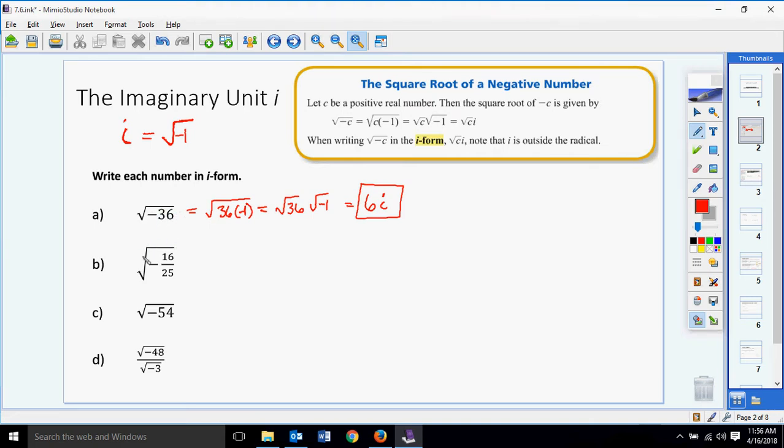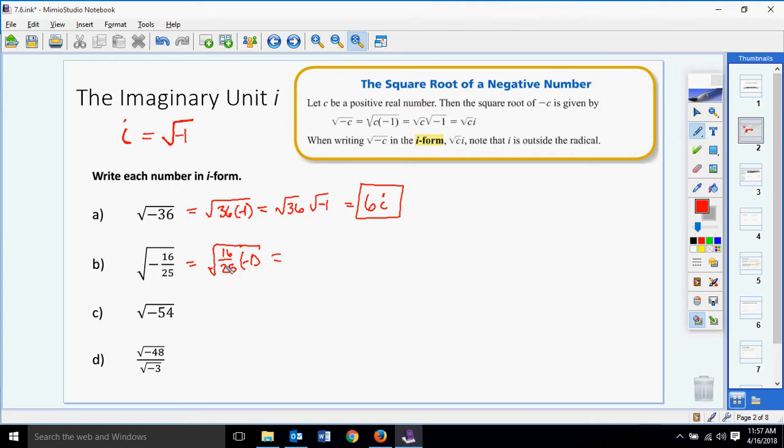So let's try to write this radical in i form. If there's a negative underneath the radical, it will always have an i form. I'm going to break this up into the square root of 16 over 25, the positive version, times -1, all underneath the radical.